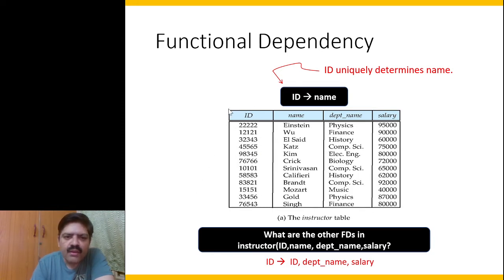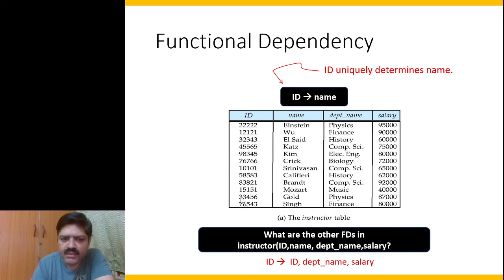We say one attribute uniquely identifies another attribute, and we use this notation to refer to the same. For example, here ID uniquely identifies name. So we write it as ID, right arrow, name. When I say ID uniquely determines name, given an ID, there is only one value for name, which I can look up from this table.